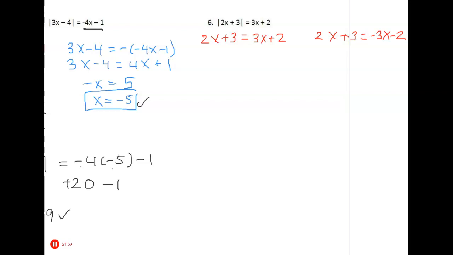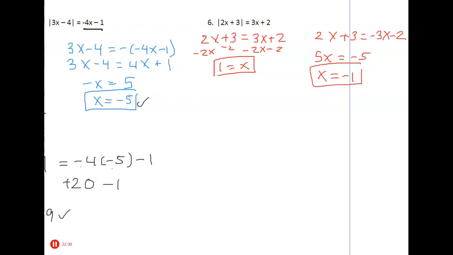Solve for x. So we get x equals -1 and x equals +1.